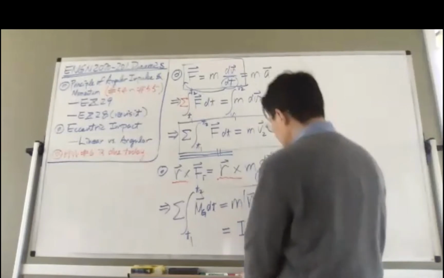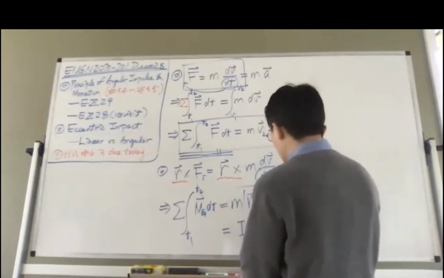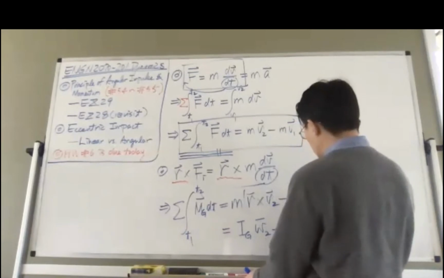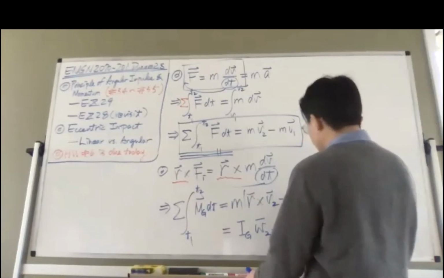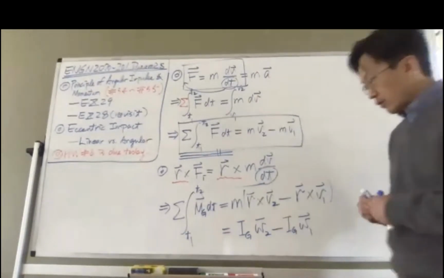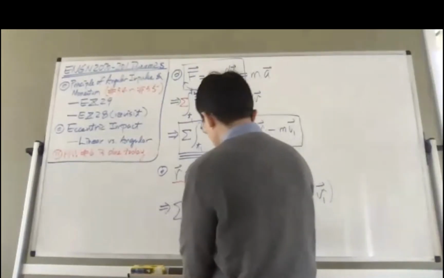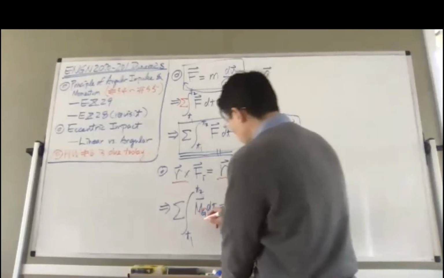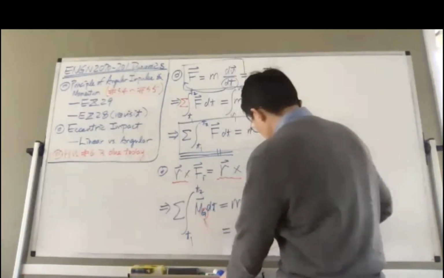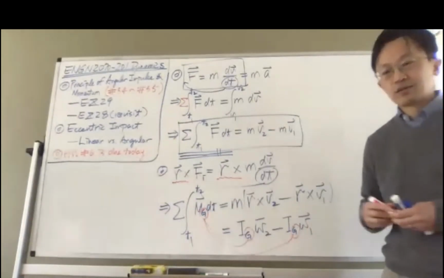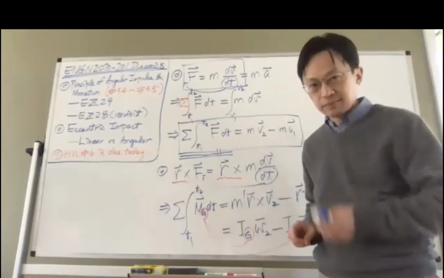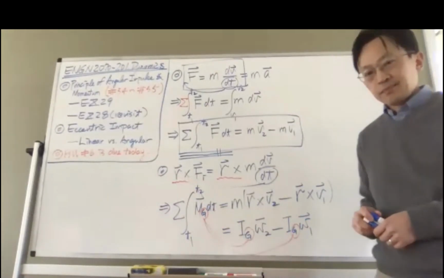So the right-hand side is written as Ig omega 2 minus Ig omega 1. Now, the subscript must be consistent. So if you use a different point rather than the center of gravity, you have to choose the mass moment of inertia at that different point.